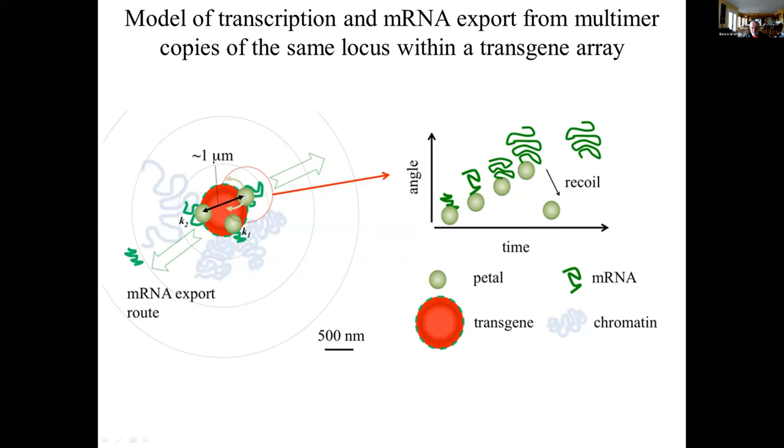And then we can figure out the direction in which the RNA will move. For example, the RNA which is producing this part will always come away from that direction, but not from this direction. So evidently it cannot cross whatever that chromatin space is all around.